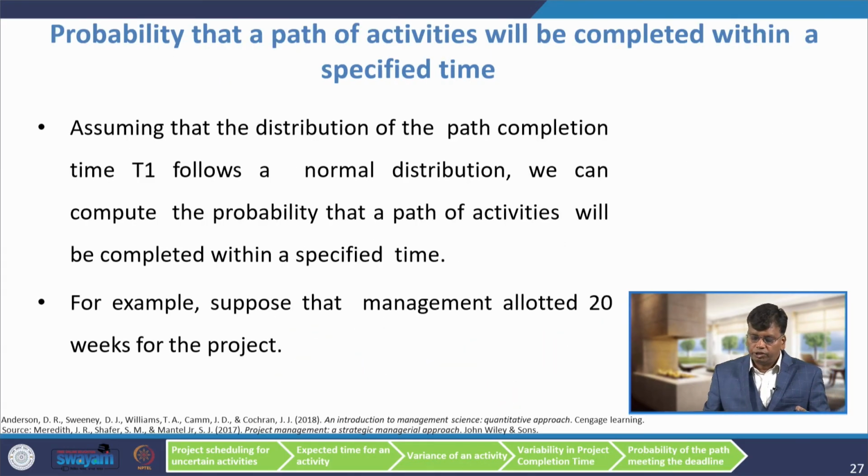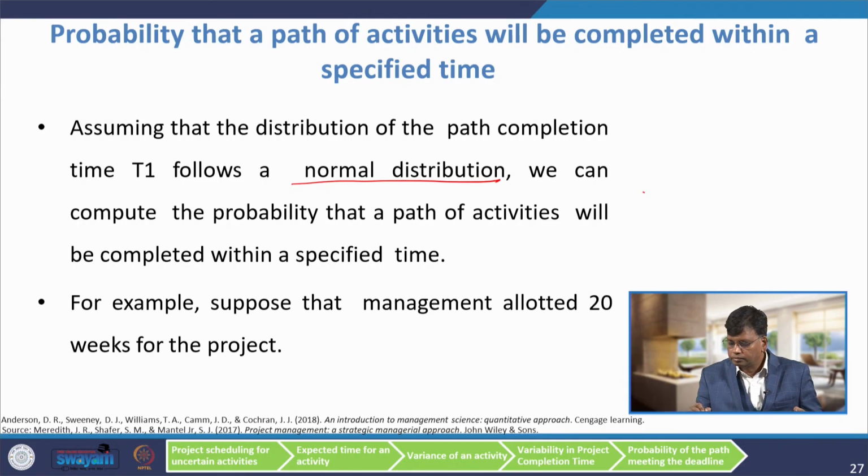Assuming that the distribution of path completion time T1 follows a normal distribution, we can compute the probability that path activities will be completed within the specified time. For example, suppose that the management allotted 20 weeks for the project.